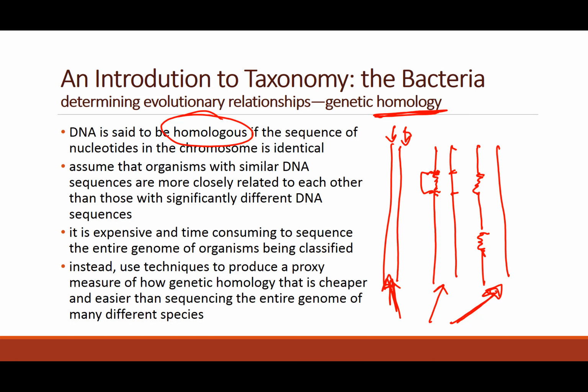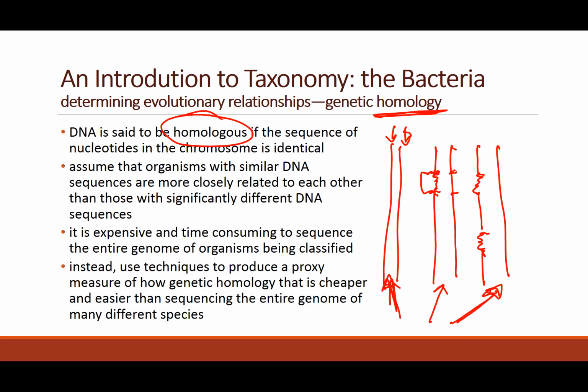But this is really expensive to do, to be able to get all of the DNA collected for every species that we're trying to manage. So instead, the work of people who are doing systematics through genetic homology is to develop what are thought of as proxy measures.